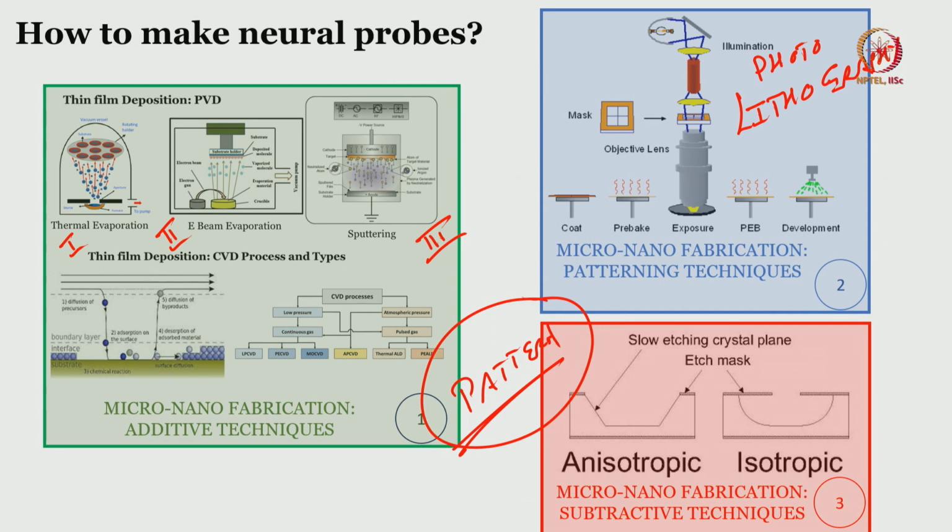Then we look into etching, whether it is anisotropic or isotropic etching, and we will also look into machining, called bulk micromachining or surface micromachining. All these techniques we will go through step by step in the next class.